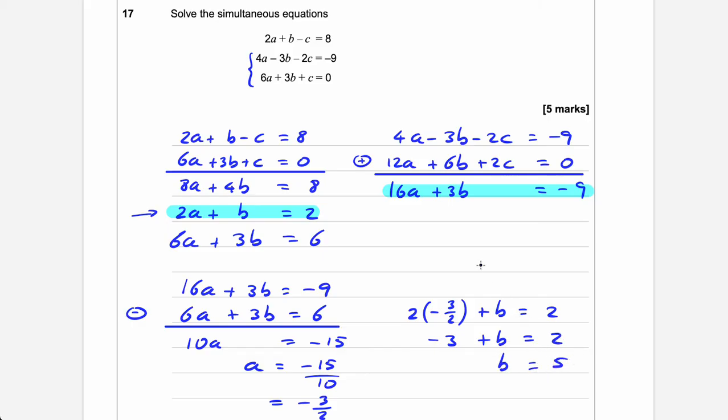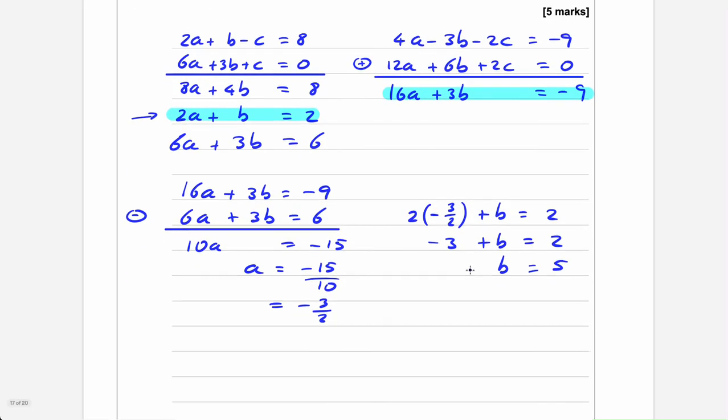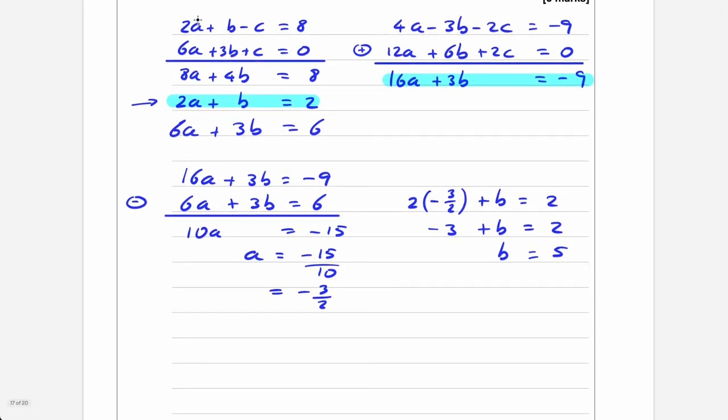And then we go to the final step, which is we go back to an original equation that has a, b, and c in it. I think this one. To get c: 2a plus b minus c equals 8. 2 times minus 3 over 2 plus b, which is 5, minus c is equal to 8.